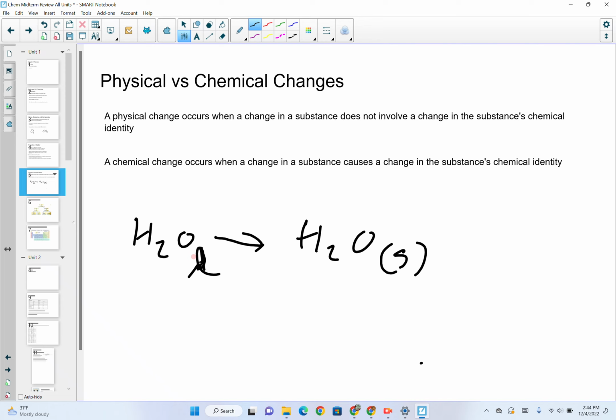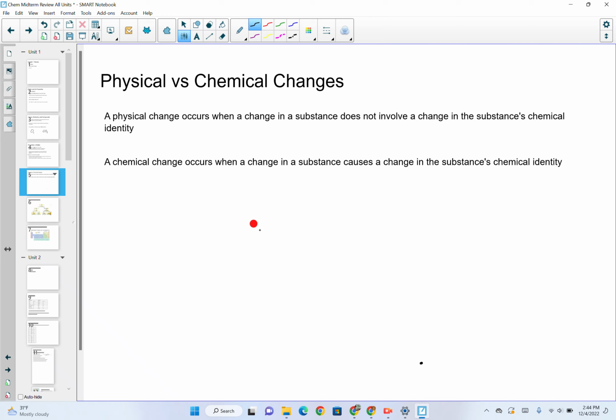On the other hand, a chemical change occurs when a change in the substance causes a change in the substance's chemical identity. In this case, we'd have something like carbon plus oxygen going to carbon dioxide.